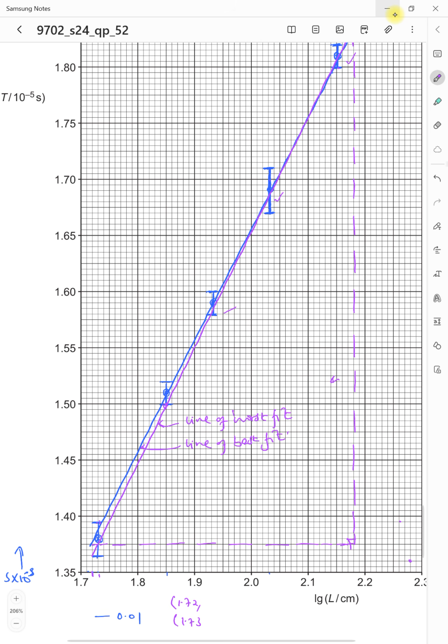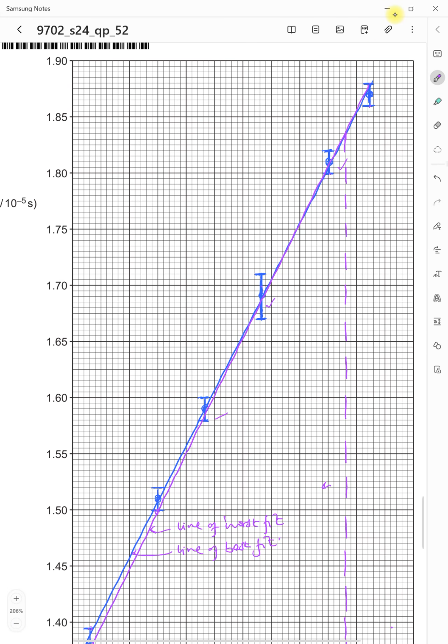Then the y value for the best fit is at the center, so it is 1.3... What is that value in the middle? I think it is 1.375. So this is best fit, this is worst fit. Then also at the top they have the same x values and y values.